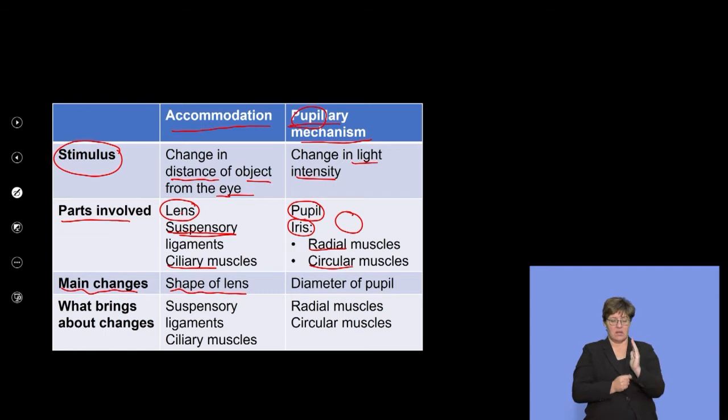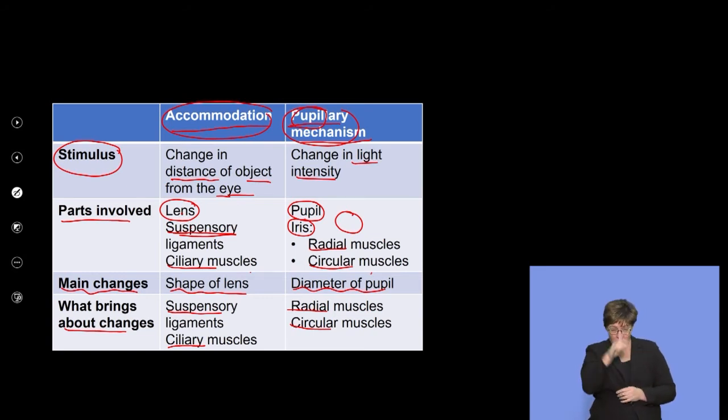It becomes less and more convex, and the diameter of the pupil will become constricted or dilated. What brings about the change? The suspensory ligaments and the ciliary muscle bring about the change here, and the radial and the circular muscles will change the pupil size. So if you know this table, I think you won't get confused.